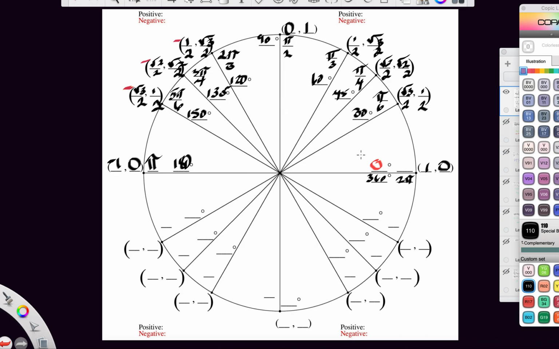Now, let's talk about reflecting downward. We're 30 degrees short of 360, which is 330 degrees. We're 45 degrees short of 360, so that's 315.